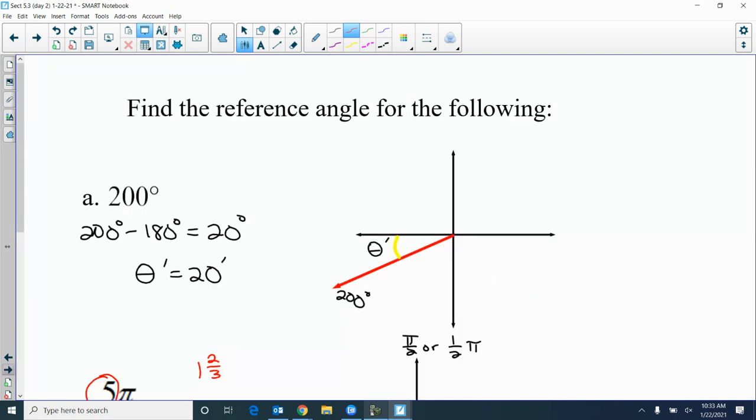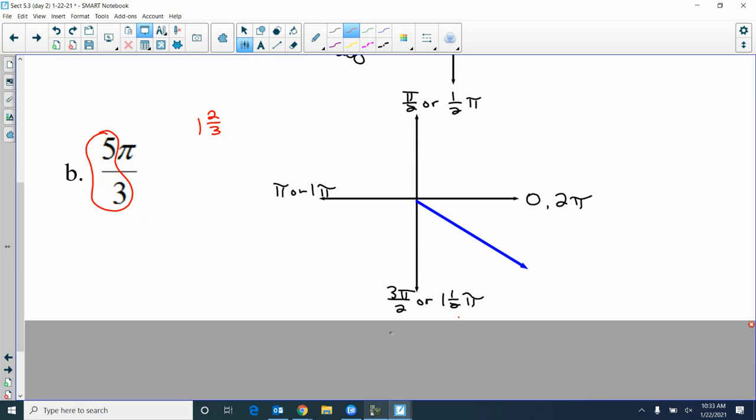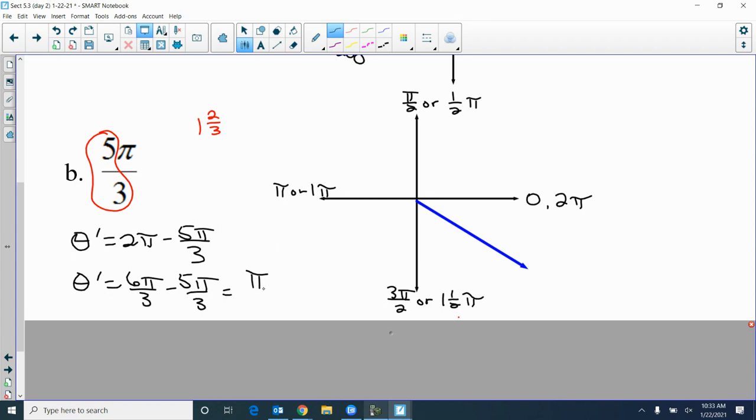So my reference angle, theta prime, is 2 pi minus 5 pi over 3, which is 6 pi over 3 minus 5 pi over 3, which is pi over 3.